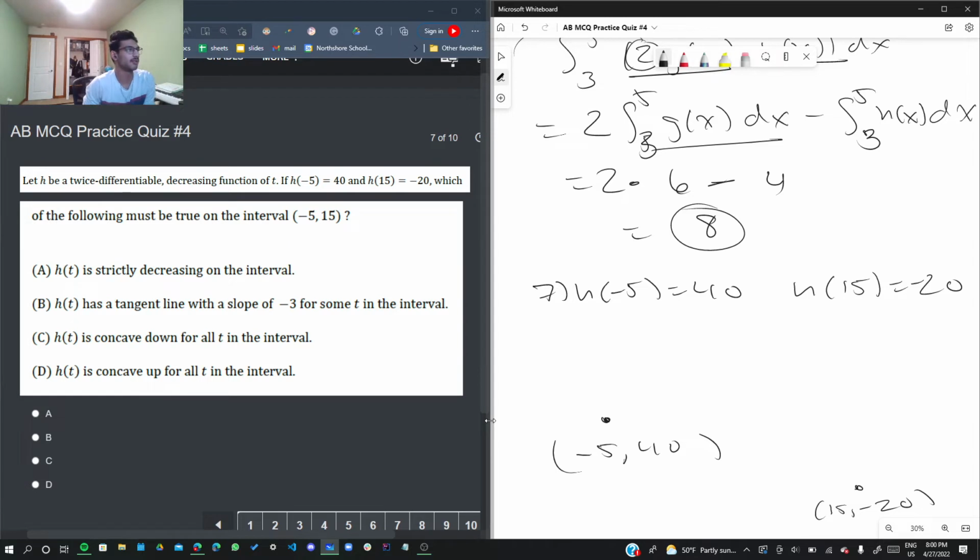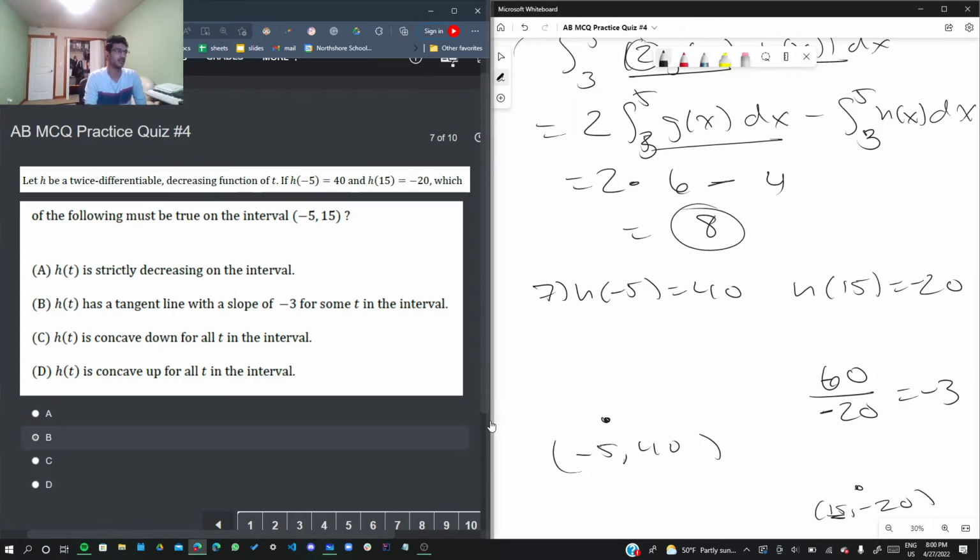Okay, which must be twice differentiable, decreasing function. Okay, what's the slope of this? This is 60 over negative 20, right? So negative 3.